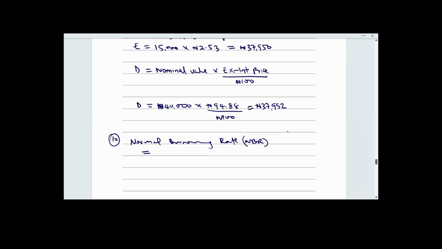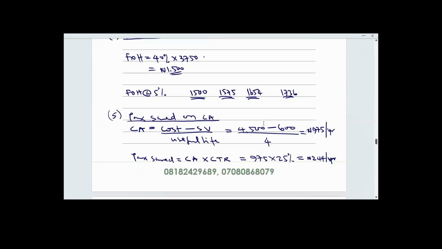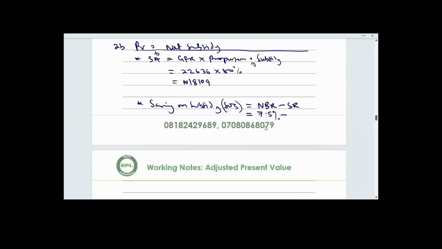Normal borrowing rate is 7.5% minus 200 basis points, which gives me 7.5% minus 2%, which is equal to 5.5%. So that's the subsidy rate. So with this, I can then say 7.5% minus 5.5%, which is equal to savings of 2%.